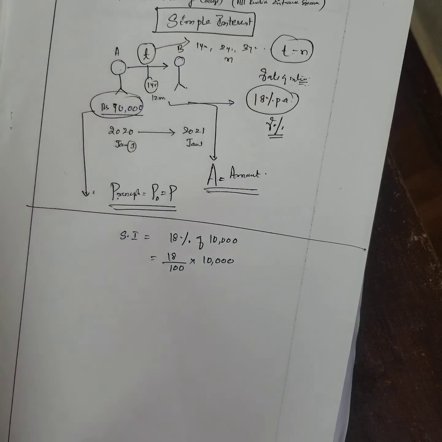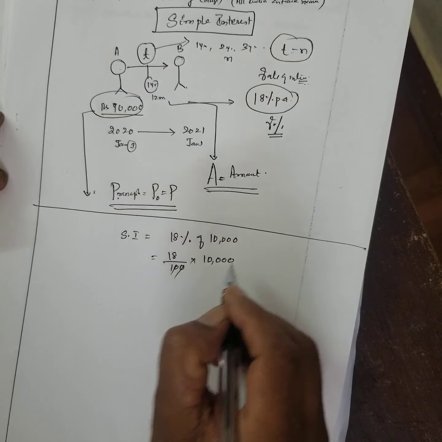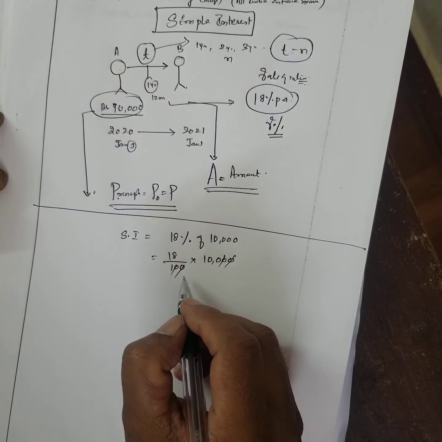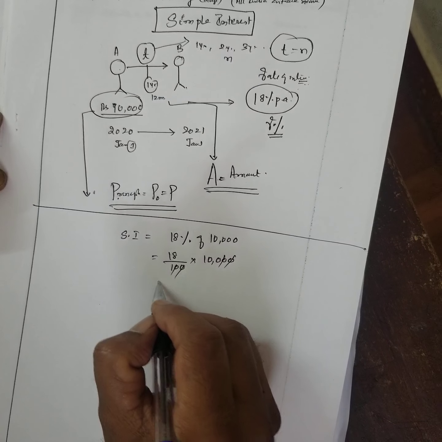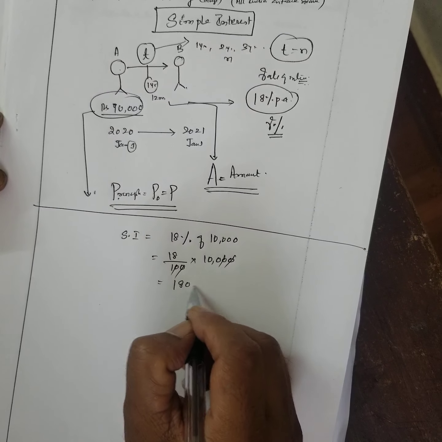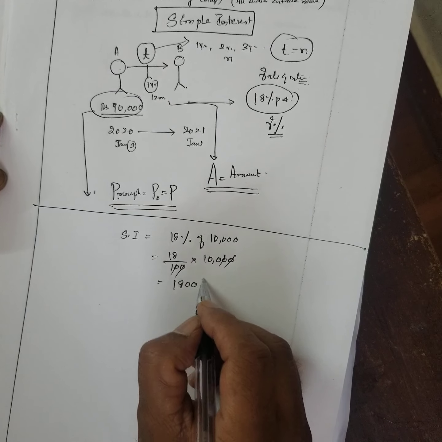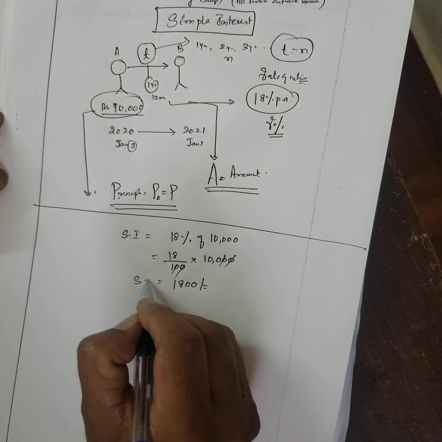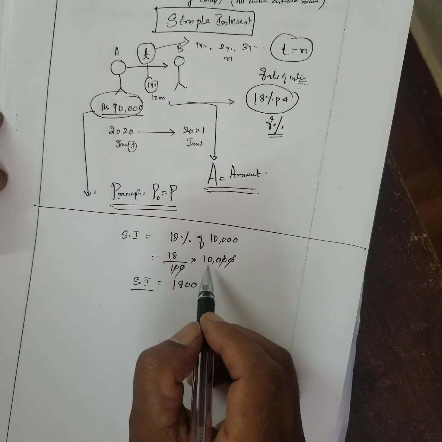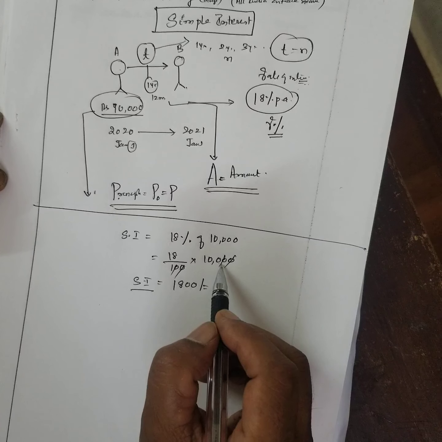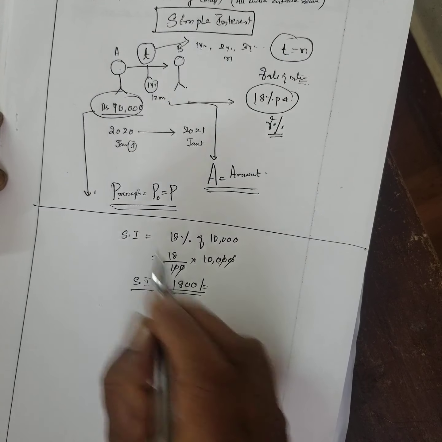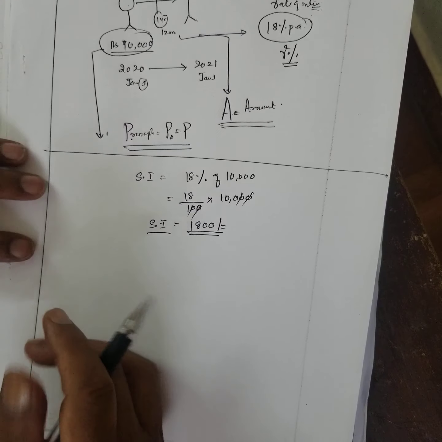Can you follow? Now you cancel these two zeros, and it is 1,800 rupees. Therefore, this is the simple interest. By the end of the year, he has to pay 1,800.